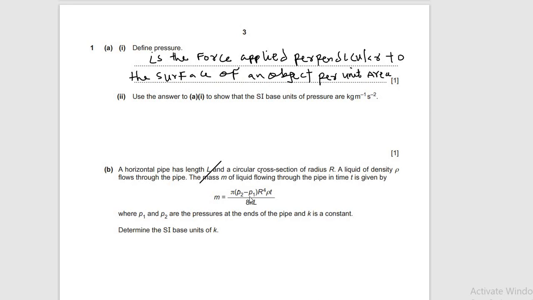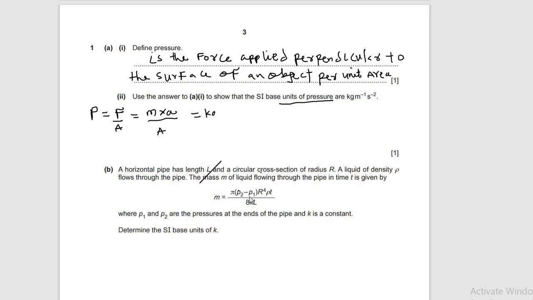The next question, we have to use the definition of pressure to find the SI base unit of pressure. What's the mathematical formula for pressure? It's force over area. Force can be mass times acceleration. It can be anything, but this is a general one. Over area.